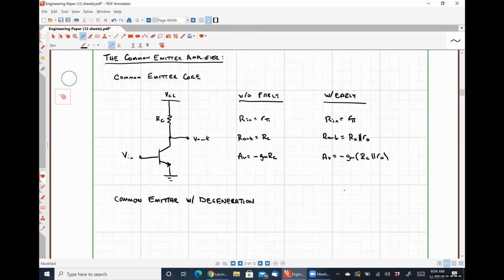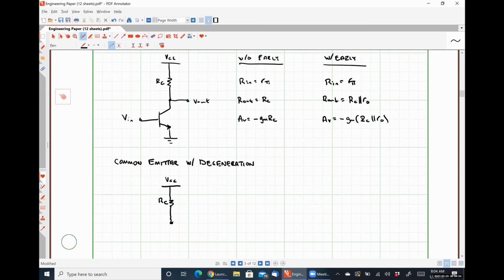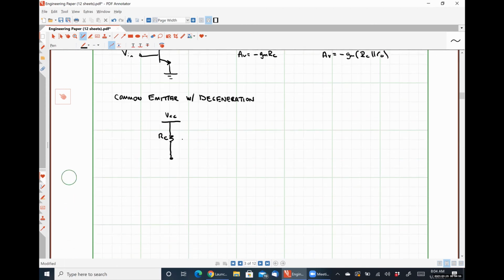All right, so with degeneration, this is simply going to look like the exact same circuit, except that we're now going to have some resistance RE between our emitter and ground.